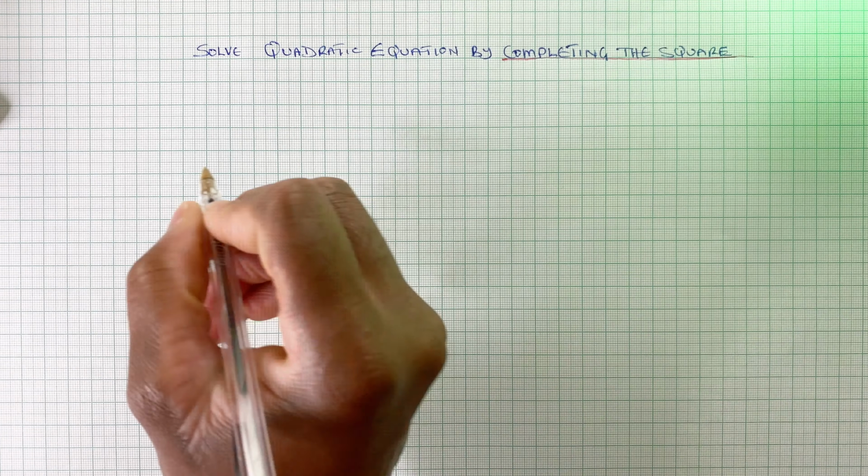So x equals minus alpha is the turning point, and your d is your y at the turning point. So when we're sketching the curve of a quadratic equation, at the turning point, where the minimum or maximum will be, x will be equal to minus alpha and y equals d.